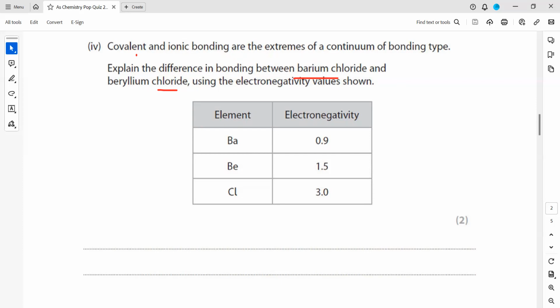Remember, using electronegativity difference, we can predict whether it will be ionic or covalent. If there is a greater electronegativity difference, then it will likely be ionic. If it has a smaller difference, it will have weaker ionic nature, and it will be more covalent. Not 100% ionic, it will have a covalent nature.